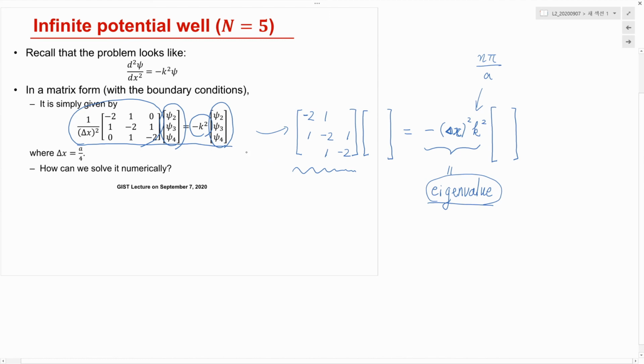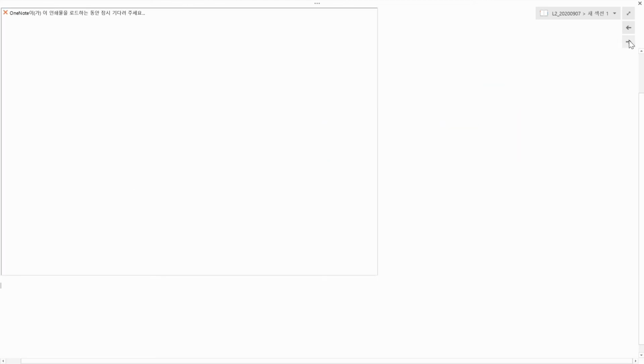Our goal is now reduced to finding the eigenvalues of this 3 by 3 matrix, whose diagonal components are all minus 2 and whose off-diagonal components are positive 1. Then let's do it together.